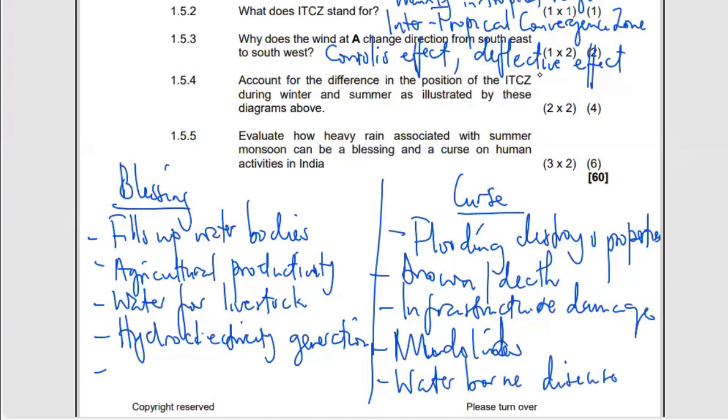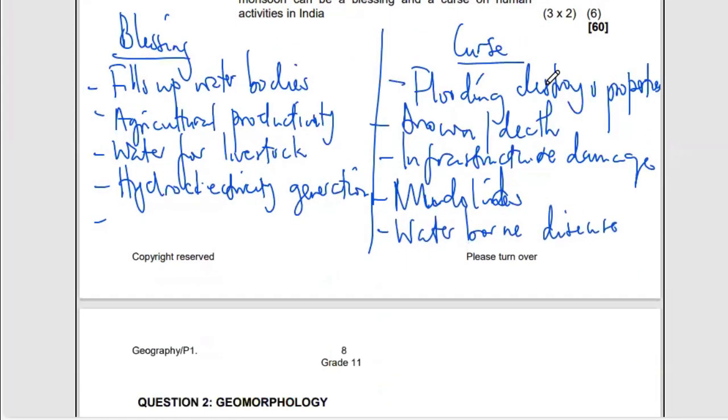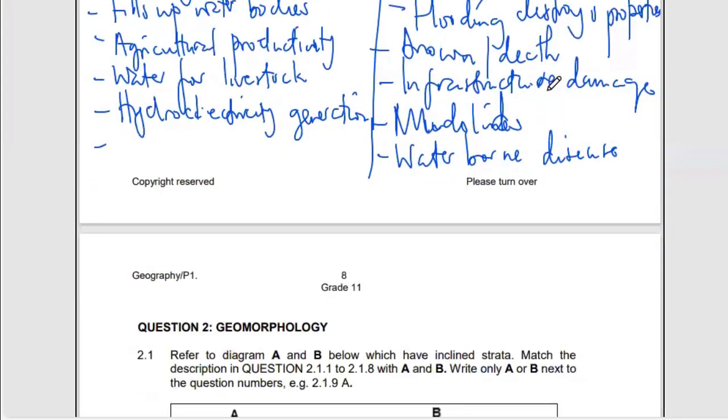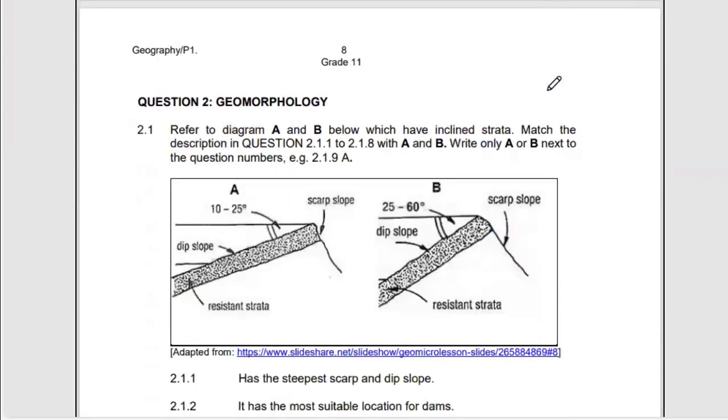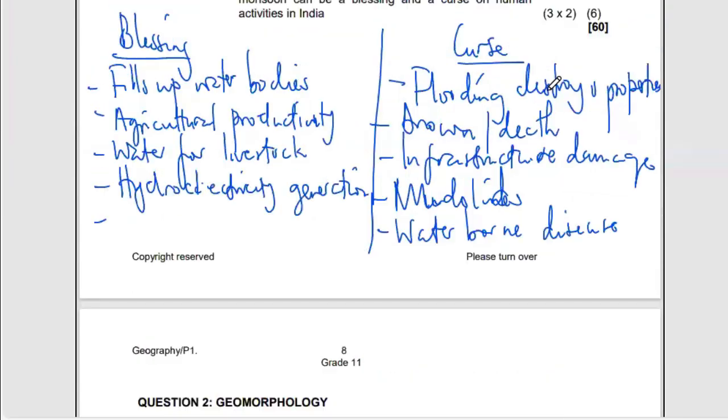They can easily spread with heavy rainfall. So basically, that is how you look at it. You look at it from the positive side of heavy rainfall and you look at it from the negative side of heavy rainfall. So we must address either side. Do not focus on one side. Remember, it's a 6-mark question, either 2 on positive and 1 on negative, or 2 on negative and 1 on the positive. Right. That takes us to the end of our climate question.